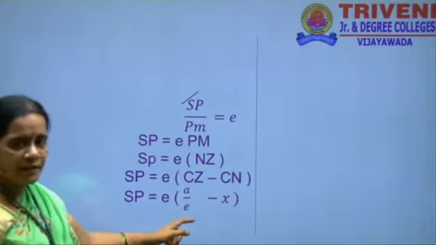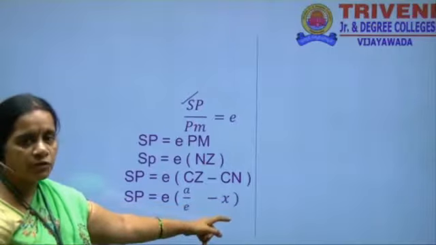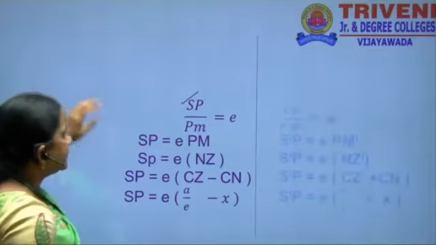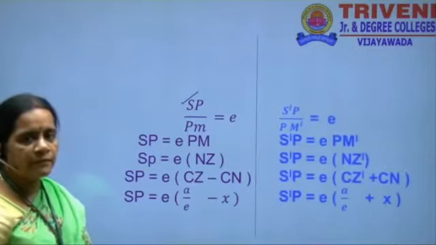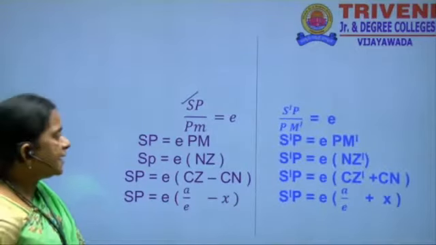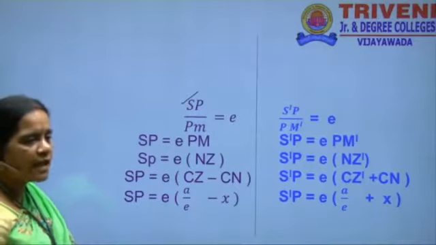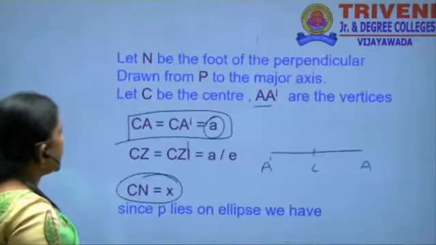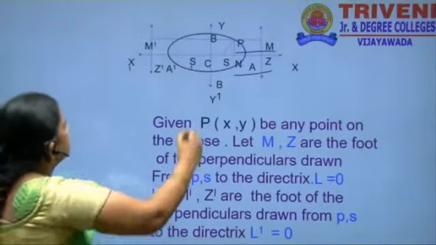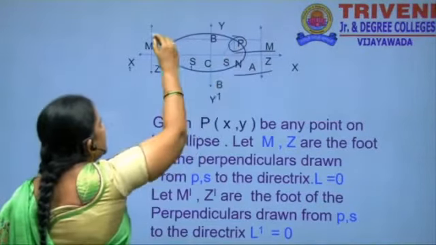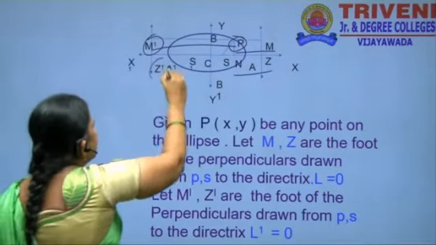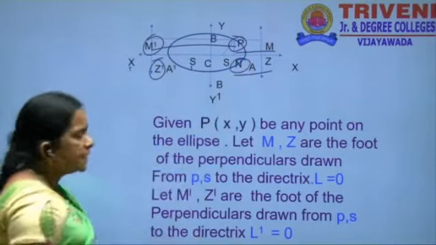CZ is A by E and CN is equal to X. And for the other focus, S dash P is equal to E into PM dash. From the diagram, PM dash is nothing but NZ dash.